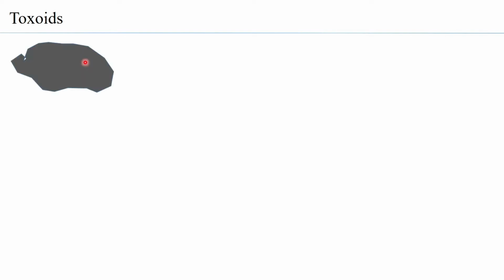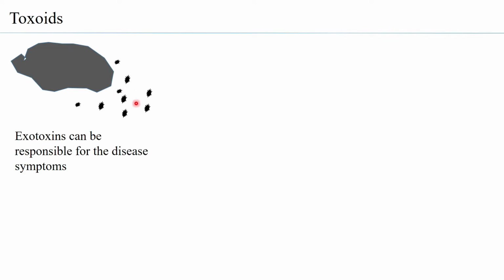Then one also uses toxoids as vaccines. So what are toxoids? There are lots of bacteria that are able to release what are called exotoxins. And these exotoxins are what give the symptoms of the diseases. So if these exotoxins are inactivated, then you have the formation of toxoids, and when these are injected into the person, then the person is going to elicit an immune response.